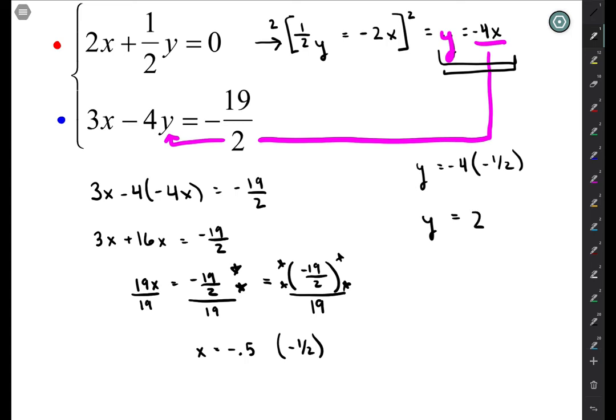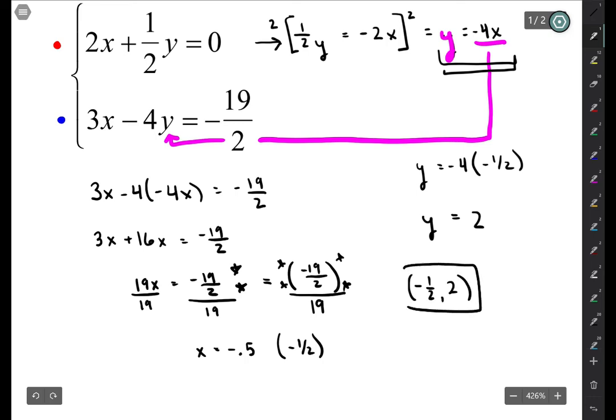So it's always a good idea to, again, put those parentheses in there. And then you can just write your answer as a coordinate point, (-1/2, 2), another consistent system. Okay, so that's the substitution method.